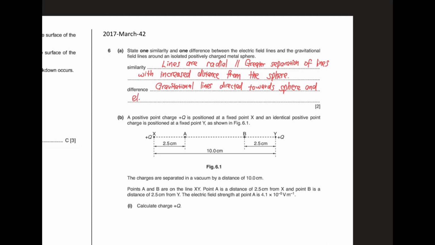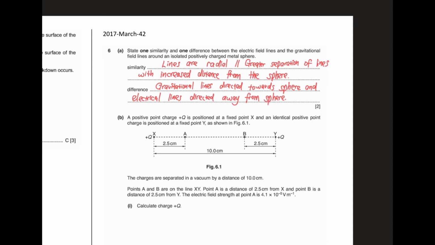Okay, and electrical lines directed away from sphere. So it's directed away from sphere because this is a positively charged metal sphere. So that's why the electrical lines are directed away.